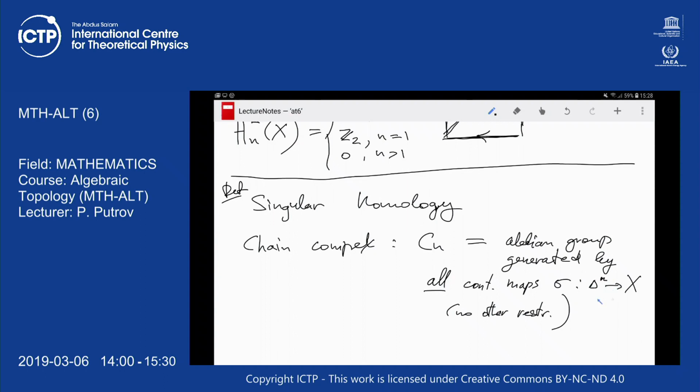And of course there are infinitely many such maps. So these abelian groups are in principle infinite dimensional.